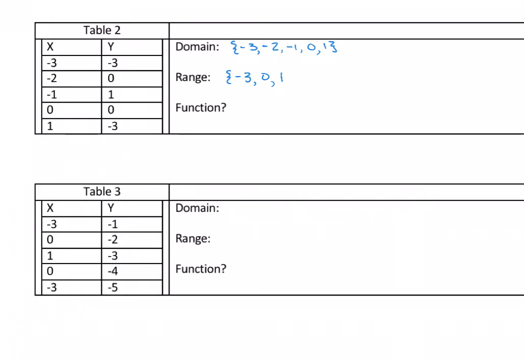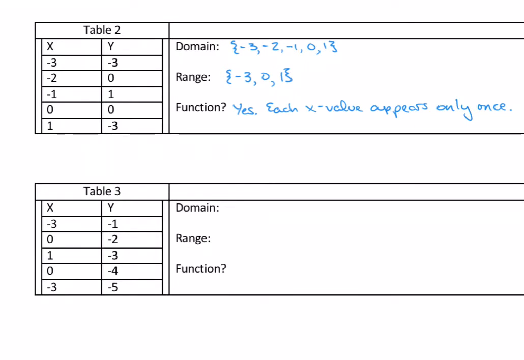We also have another -3. Again, we do not need to include it again. So our range consists of 3 values, -3, 0, and 1. And the question is, is this a function? And the answer is still yes. Remember, with a function, we only care about x values. Y values can appear multiple times. X values can appear only once. So it is a function.